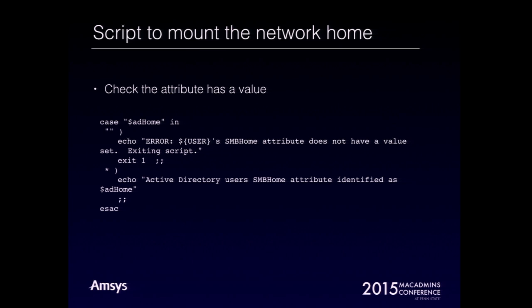We also have another bit of code, and again, don't forget this is all on GitHub, so you can grab it afterwards. We have a bit of code where we check that we actually got a value back, because you can't run a script that's mounting a network drive without a value. And I've seen this go horribly wrong, where it reads a value from somewhere, doesn't get anything back, so the variable is empty, and then it tries to do loads of other bits and pieces, mounting drives with this bit of blank space.